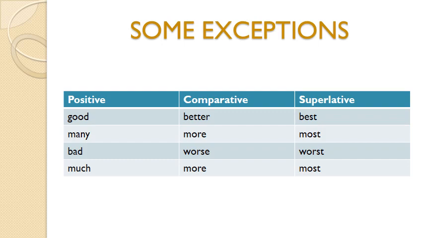It doesn't become gooder or goodest. It becomes better and best in comparative and superlative. These are the exceptions. That means these words don't follow the rules which we have studied earlier. Many becomes more, most. Bad becomes worse and worst. Much also becomes more and most.